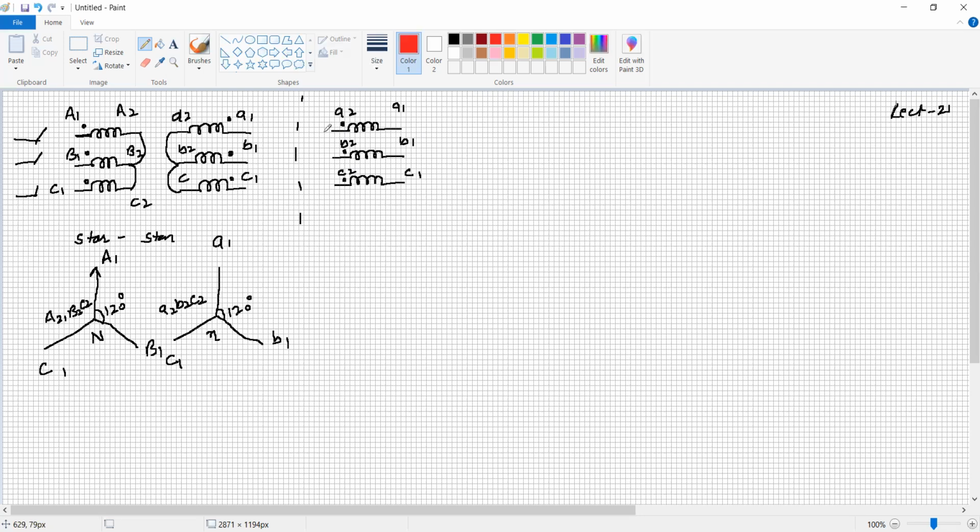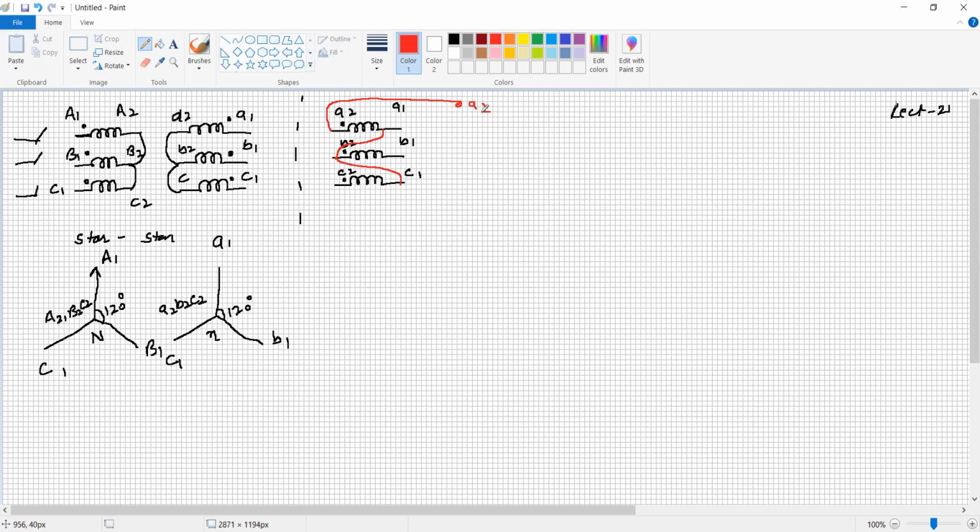Suppose someone joins the terminals in this way, like this one and this one, to make the connections from A2 to the load circuit.